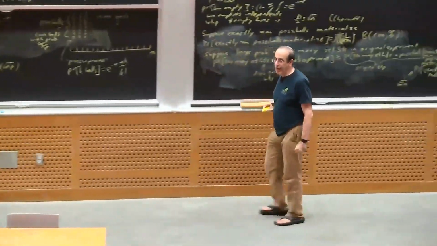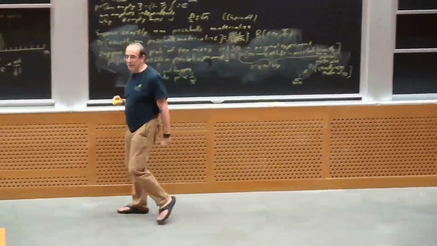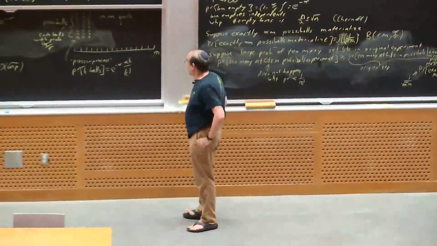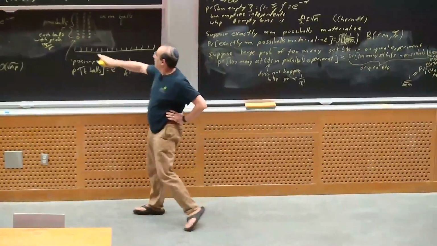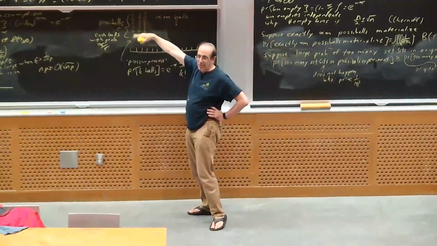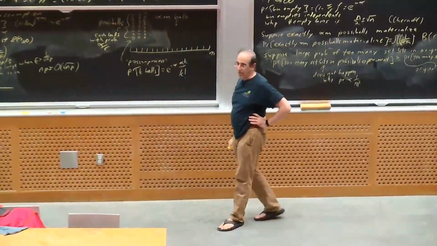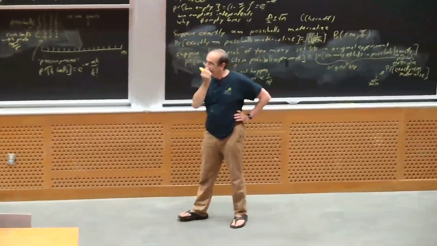Alpha is known as the rate of this Poisson process and is also the mean of the Poisson process, right? So this trick didn't come from nowhere. It's a standard way of deriving the Poisson process as the limit of a binomial distribution. Yes?